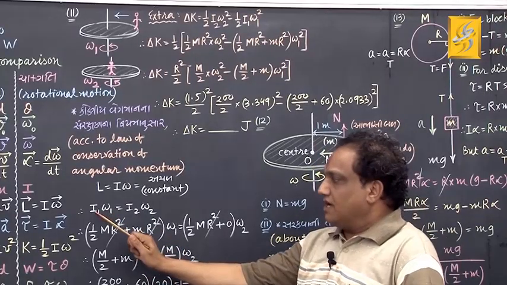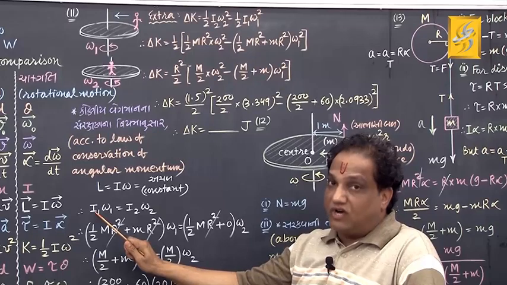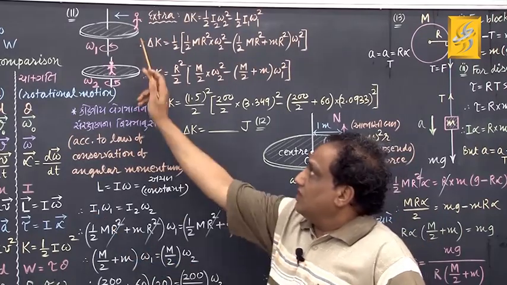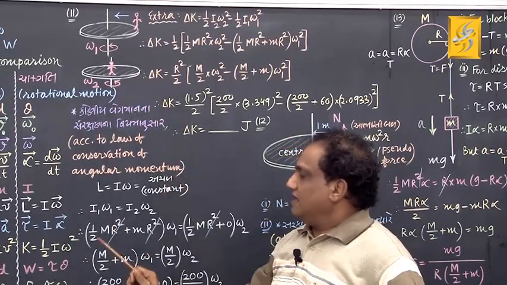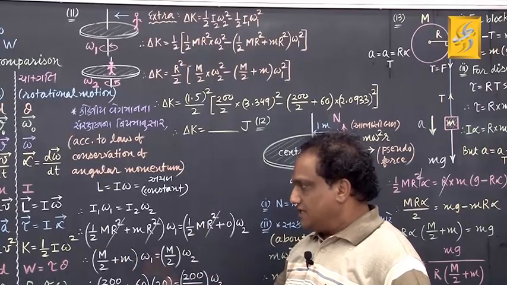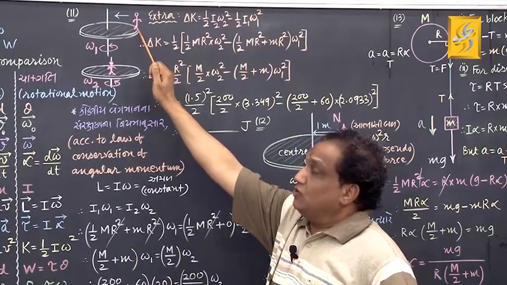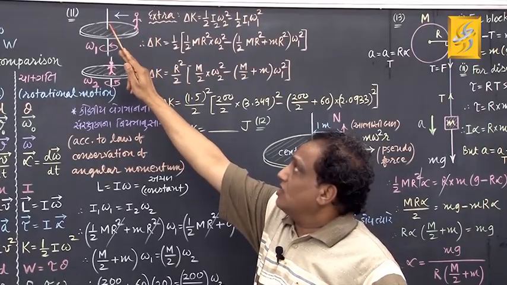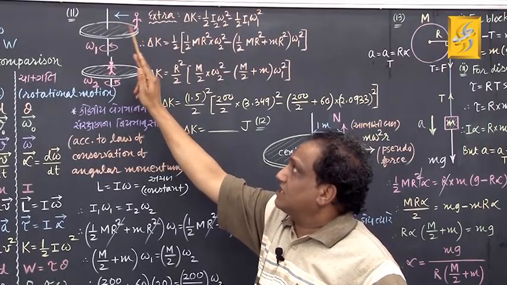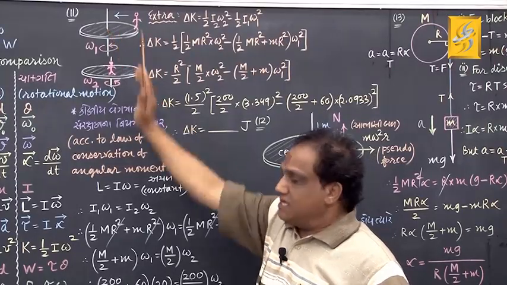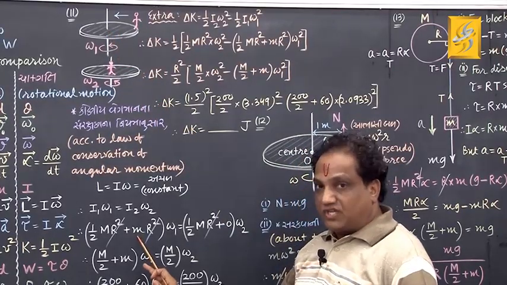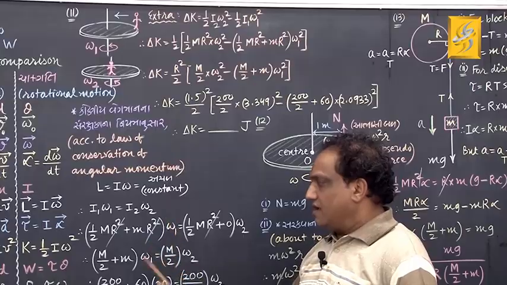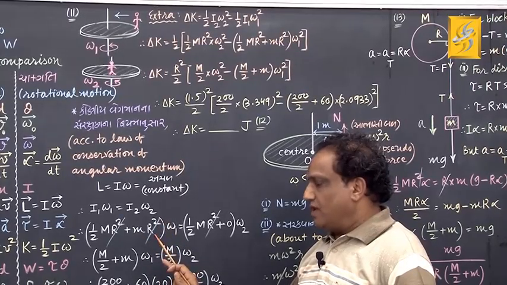In the initial condition, what is the total moment of inertia of the entire system? For this disk, you know the formula, it is half M R square, correct? But when you treat this man as a particle of mass small m, and because he is at perpendicular distance capital R from this center, then his moment of inertia would be m into R square, mass into square of perpendicular distance.